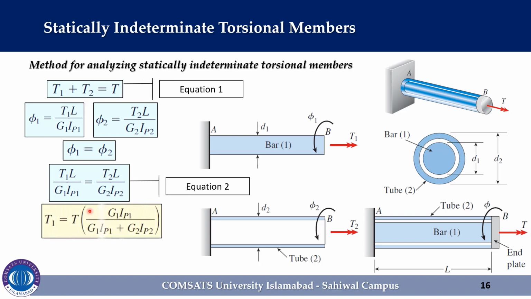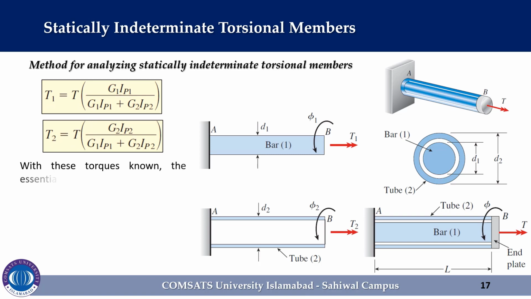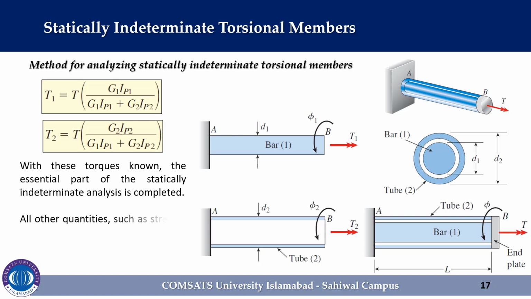The results are T1 is equal to T multiplied by G1 IP1 divided by G1 IP1 plus G2 IP2, where T is the resultant torque, and T2 is equal to T multiplied by G2 IP2 over G1 IP1 plus G2 IP2. With these torques known, the essential part of the statically indeterminate analysis is completed. All other quantities such as stresses and angles of twist can now be found from the torques.